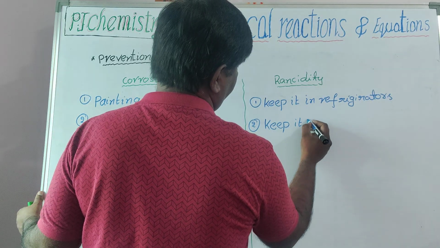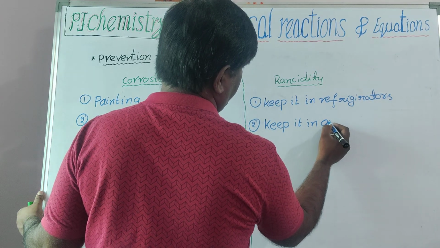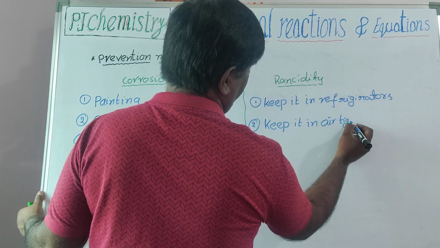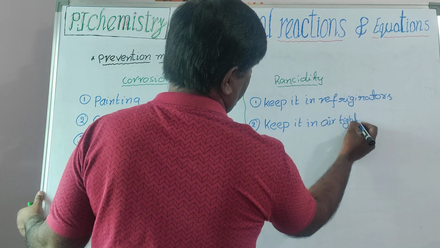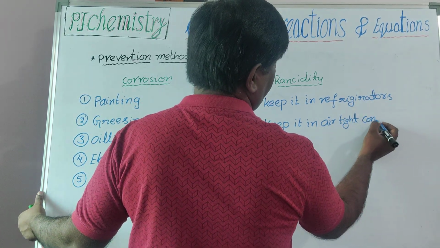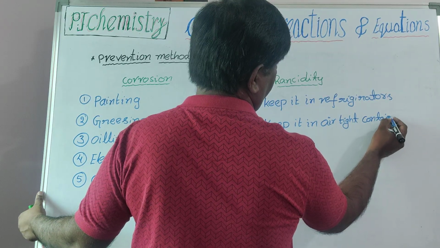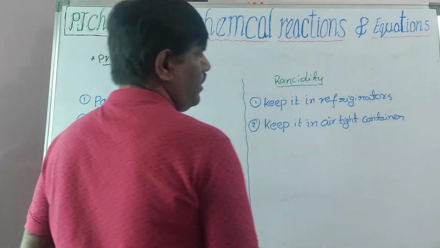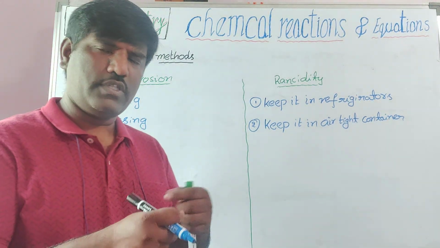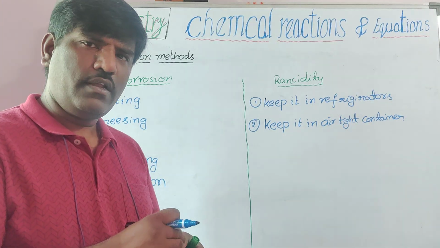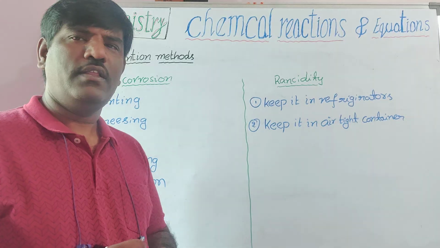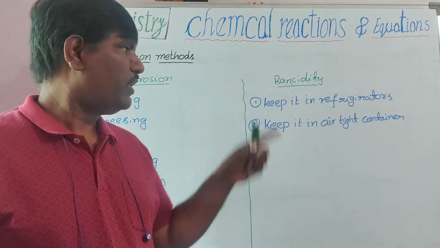Airtight container. That is why mothers at home shout whenever you take food from a container and do not close it, they immediately say close it first, because knowingly or unknowingly they are following this.